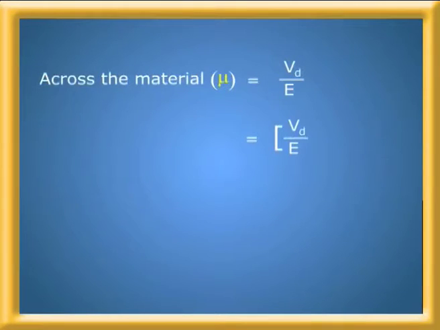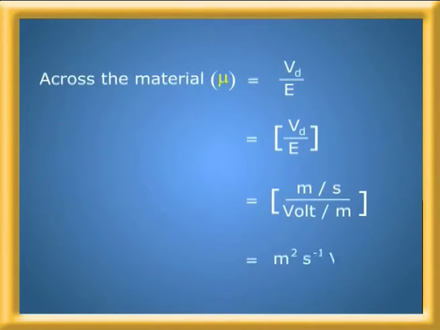Mobility, mu. Mobility of a current carrier is the ratio of the drift velocity Vd of a current carrier in a material to the applied electric field E across the material, that is, mu equals Vd by E, which is equal to meters per second divided by volt per meter, which is equal to meter square per second per volt.